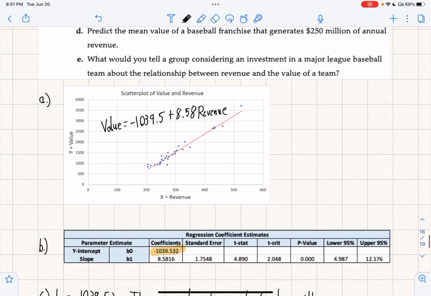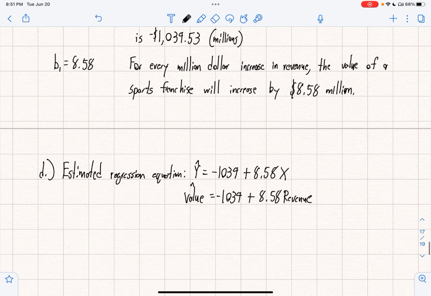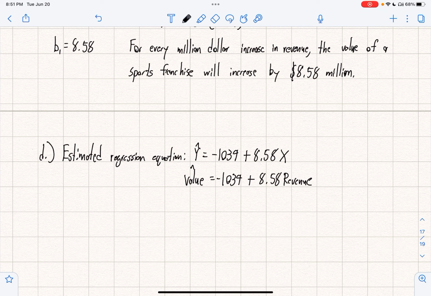I probably forgot my hat on value. We just want to say hat to specify that our dependent variable or response variable is predicted.